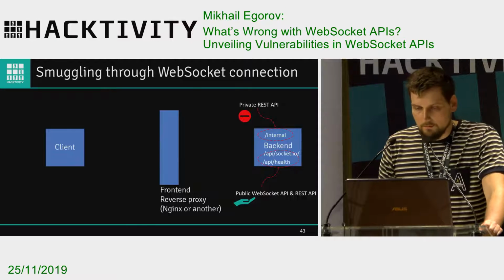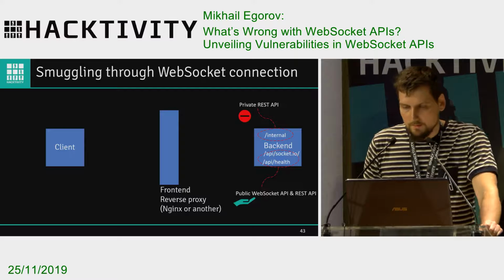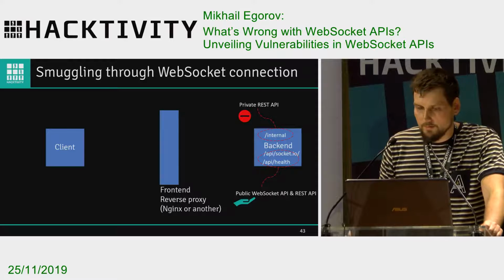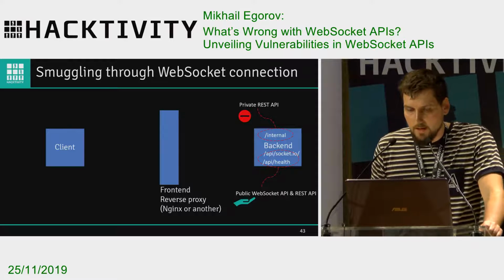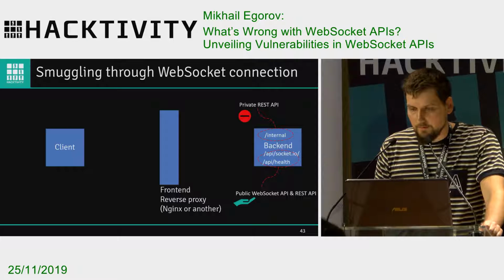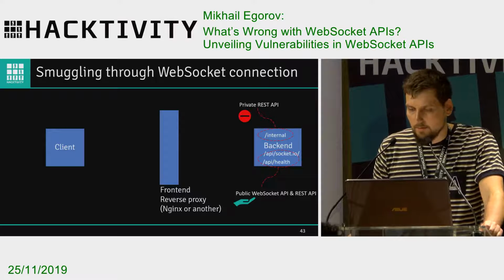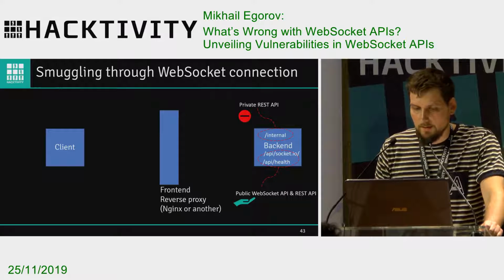There are many reverse proxies like Nginx that check the response for upgrade requests they receive from the backend. For such proxies, the previous attack does not work. So let's look at another scenario. We have a private REST API inaccessible from outside, and now we have a public WebSocket API and a public REST API.